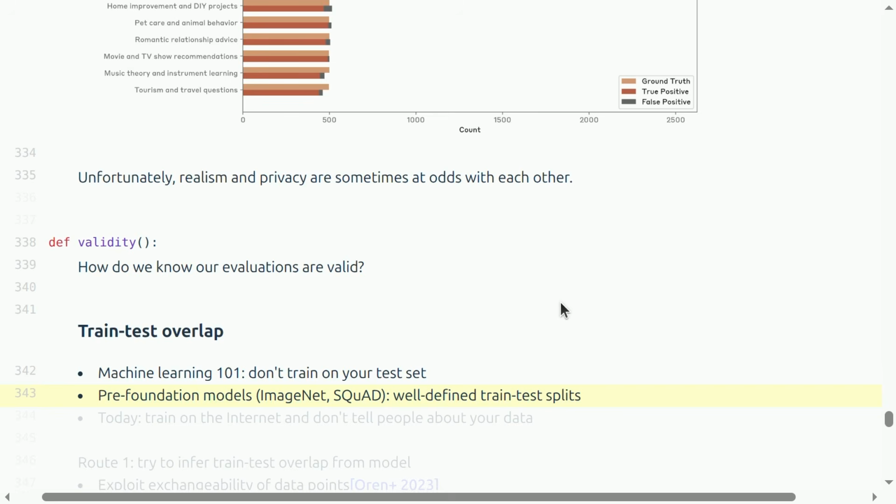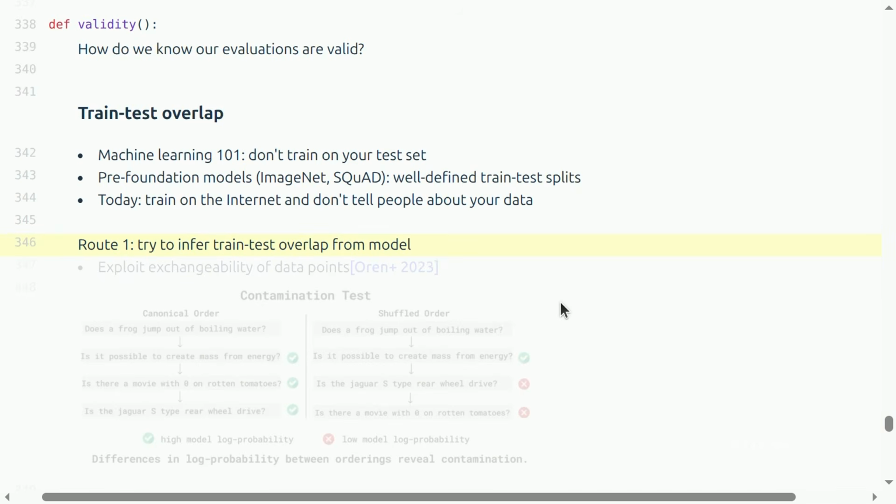Life was simple. And now you have these models that are trained on the internet and much more than that. And furthermore, you don't know what's in the data. So this makes evaluation quite different, I think. So what can you do? The first thing you can do is try to infer whether a model has actually seen the test data.